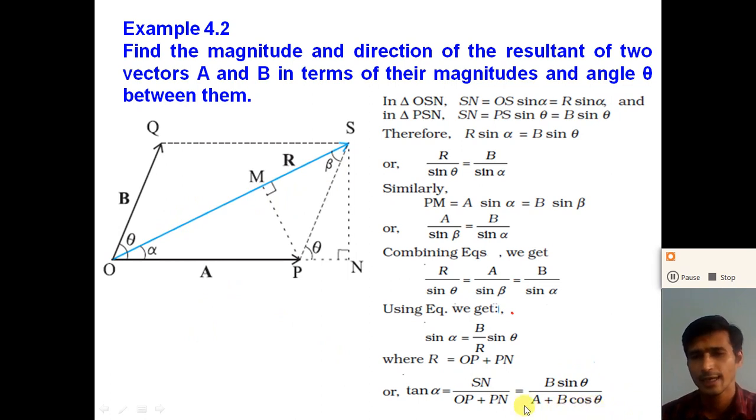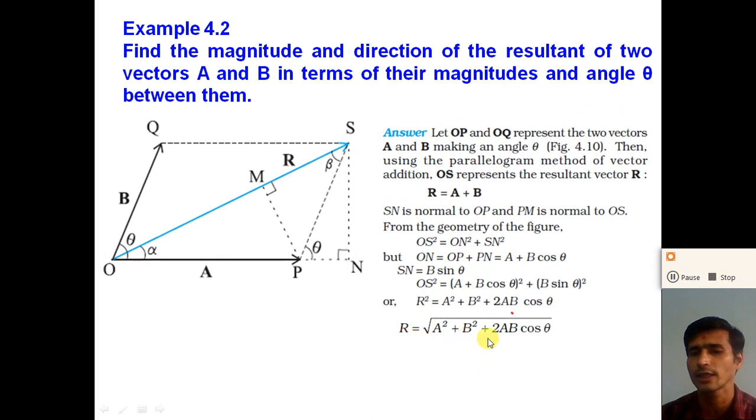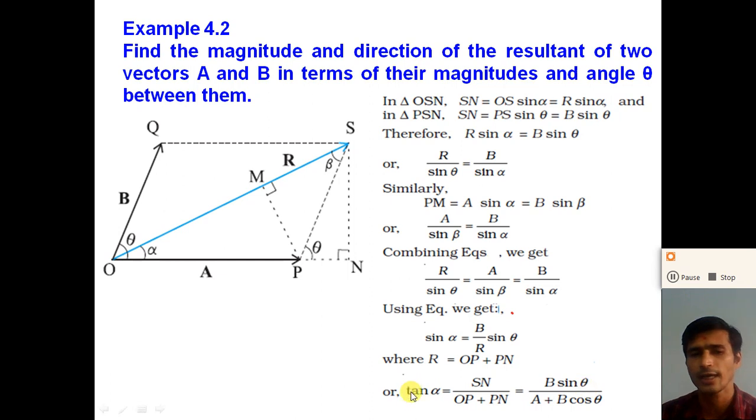This equation is known as the sine law for vector algebra, and the previous equation is called the cosine law. We use the cosine law to calculate the magnitude of the resultant vector and the sine law to calculate the angle with any one vector.